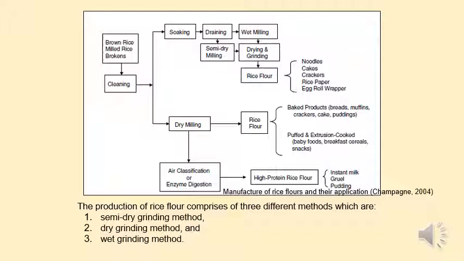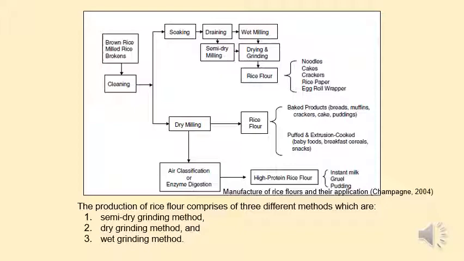Wet milling undergoes drying and grinding, becoming rice flour. This method is suitable for making noodles, cake, crackers, rice paper, and egg roll wrapper. Meanwhile, for dry milling, it is air classification or enzyme digestion, and it can produce two types of rice flour, which are the usual rice flour and the high protein rice flour.